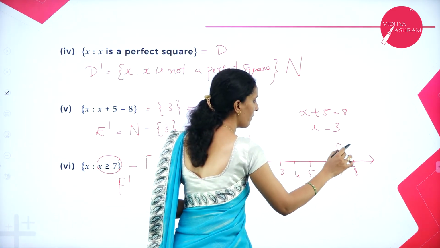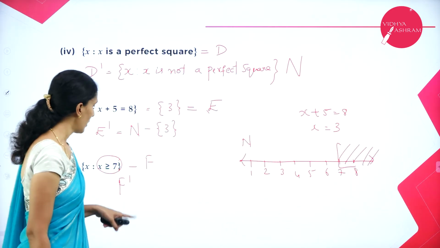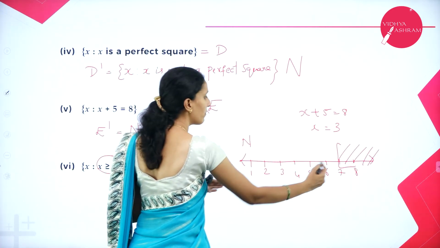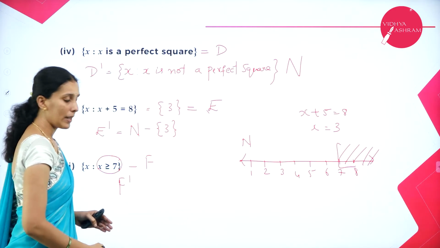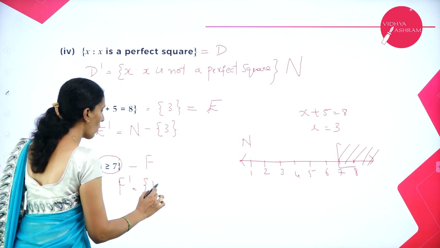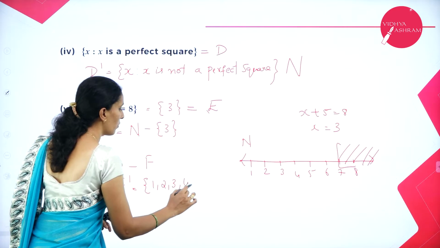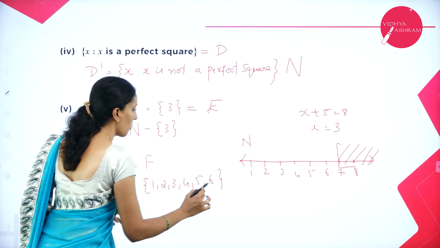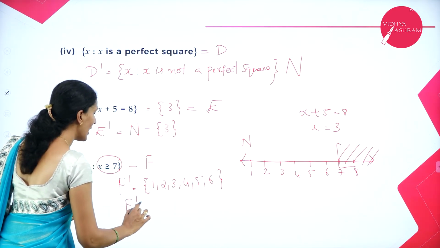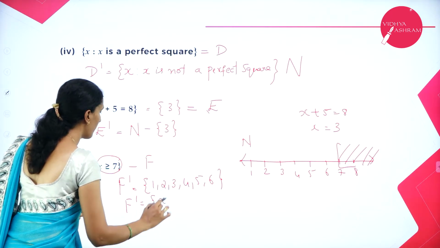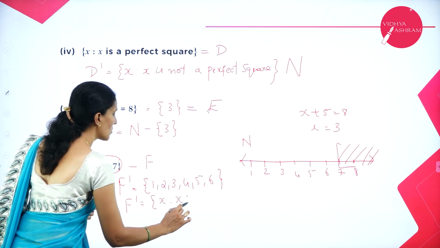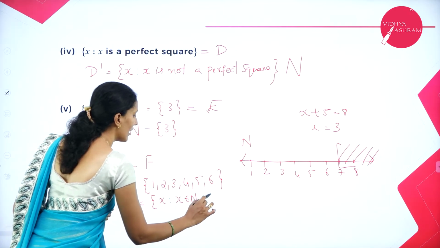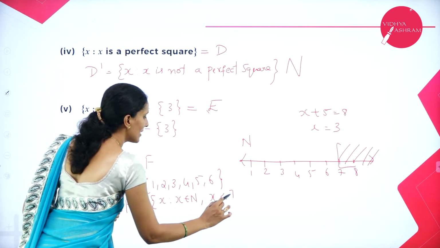So 7 onwards is your set F. Then what is your F dash? Before 7. What are the natural numbers before 7? That is 1, 2, 3, 4, 5, 6. Or you can write F dash as the collection of all those numbers where X belongs to natural numbers and X is less than 7.